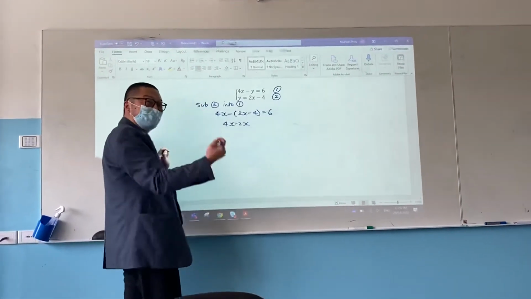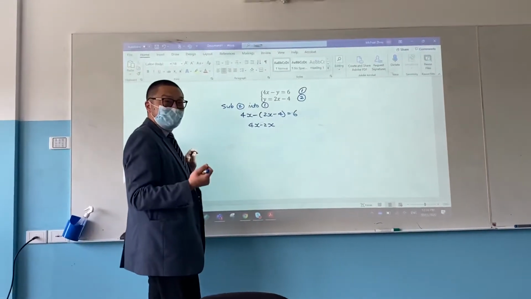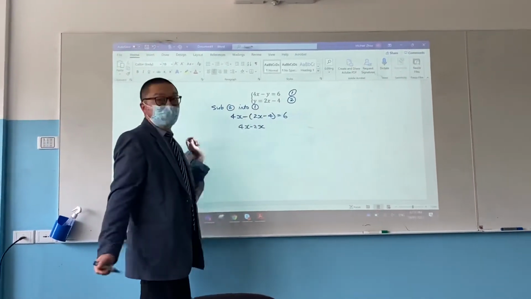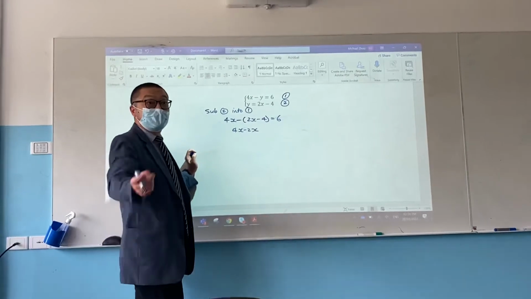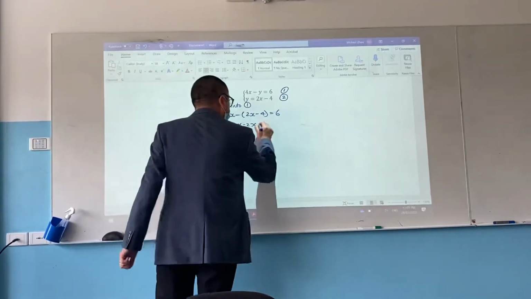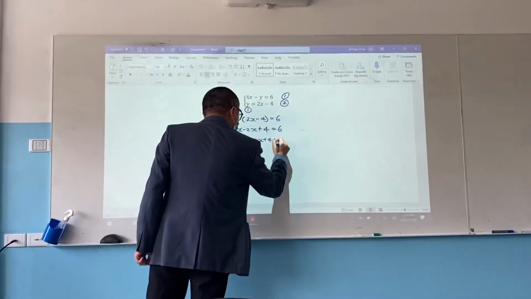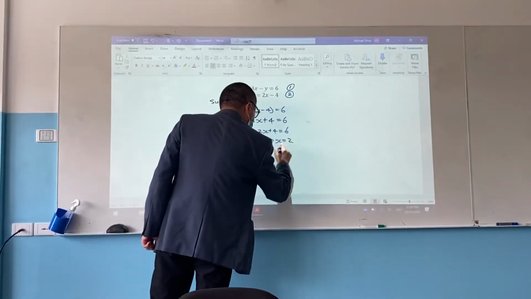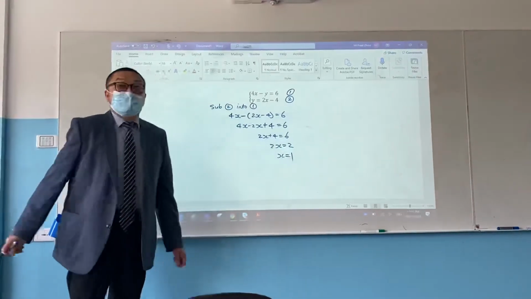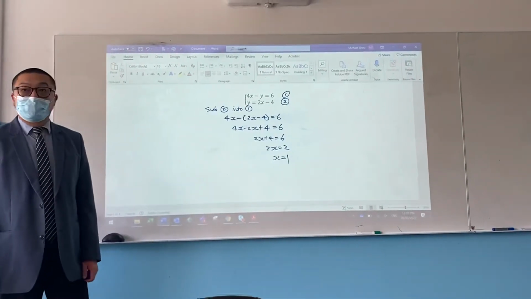How do I remove the bracket? Somebody said. Thank you. All of that should be pretty straightforward after that.